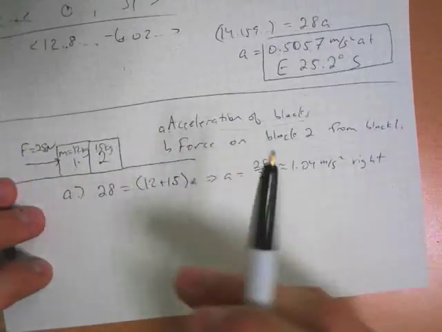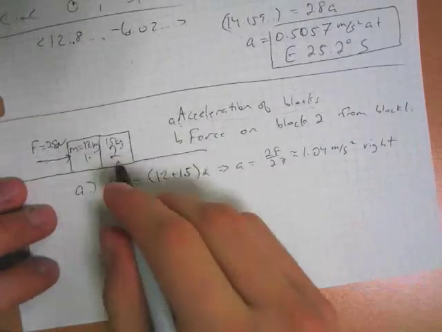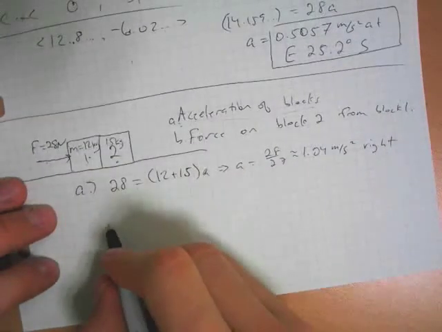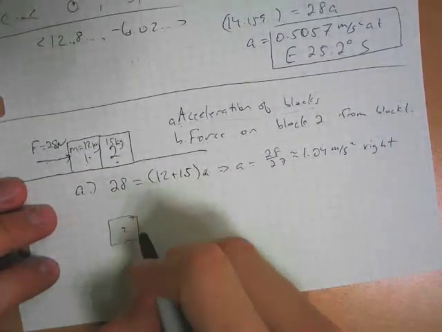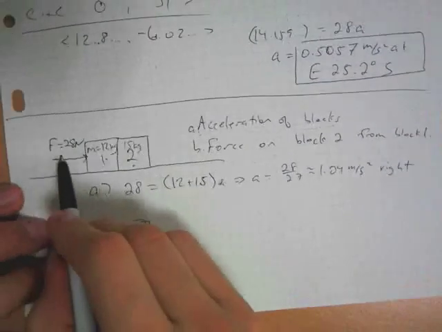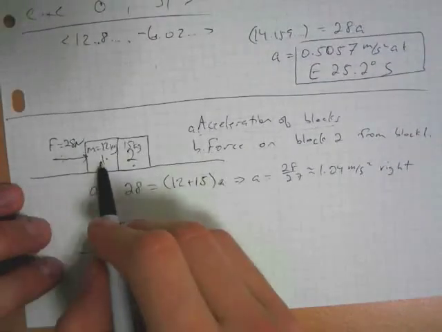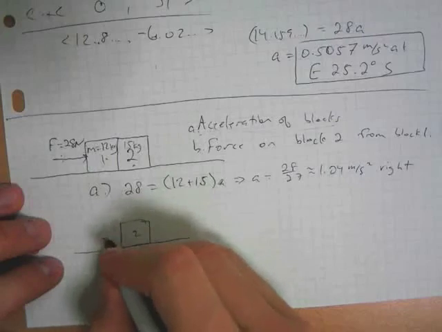Now, if we just consider block 2 alone, this force isn't being directly applied to block 2, it's being applied to block 1, and then block 1 is exerting a force on block 2. Force on 2 from 1.